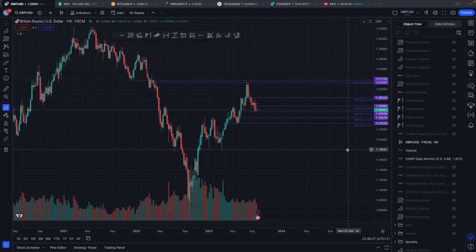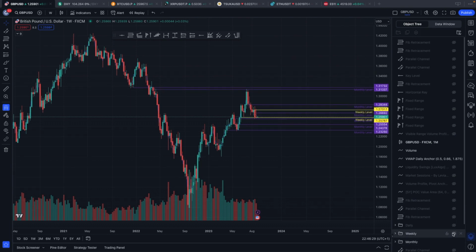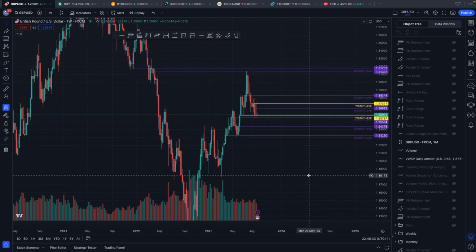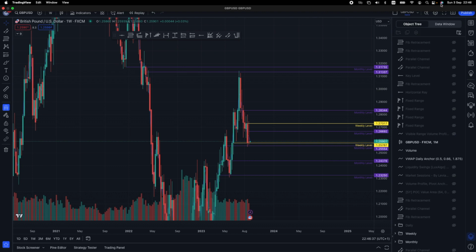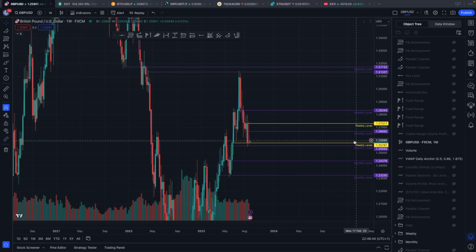So week-wise, let's turn them on. Okay, so we've got a few there. We've got a new week that's just about to be created, because the new day has started, but the new week hasn't. We may create something around here, but to be honest, it's so close to this bottom weekly.